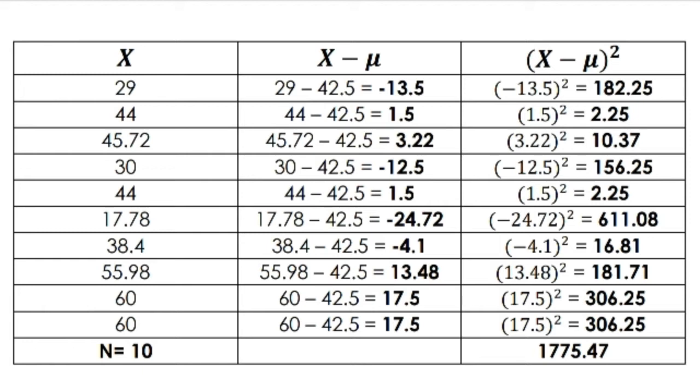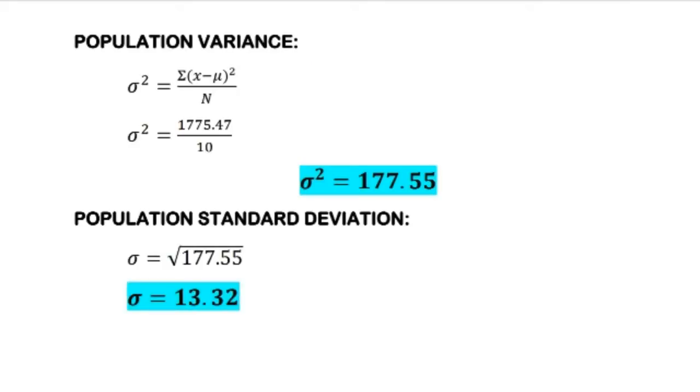Then just repeat all the steps and you'll get the answer. If you're already done, we have to add this all up from 182.25 to 306.25, and we will get the answer 1775.47. Then divide it into 10. So our population variance is 177.55.